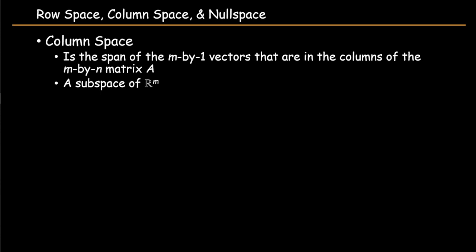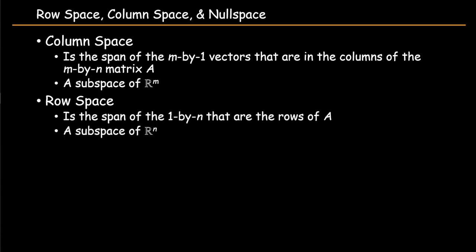In these following definitions, we're gonna be working with matrix A, which is an m by n matrix. Now the next thing we're gonna talk about is the row space, which is the span of the 1 by n vectors that are the rows of A, and it is a subspace of R to the n. And then lastly, we're going to talk about the null space, or the kernel.